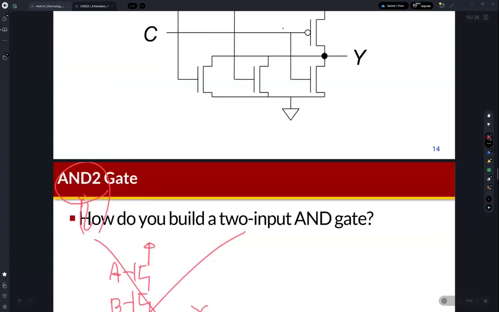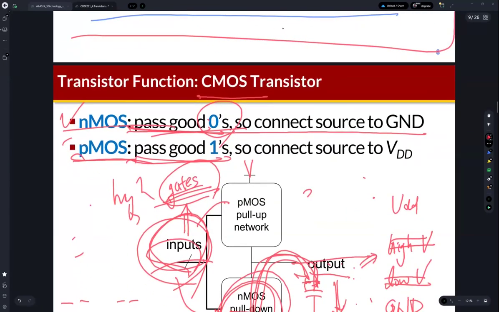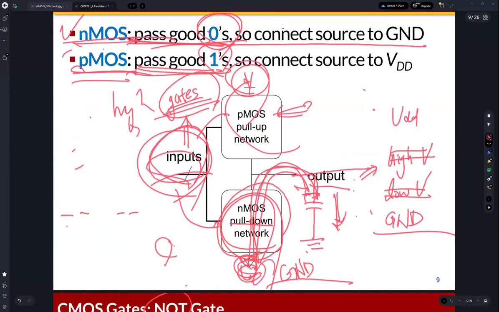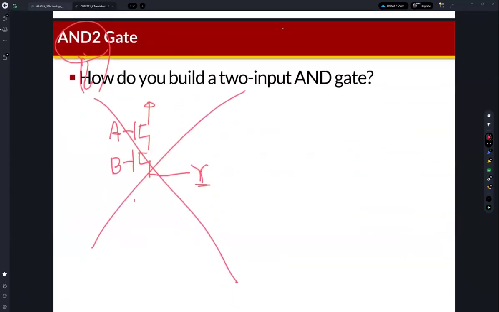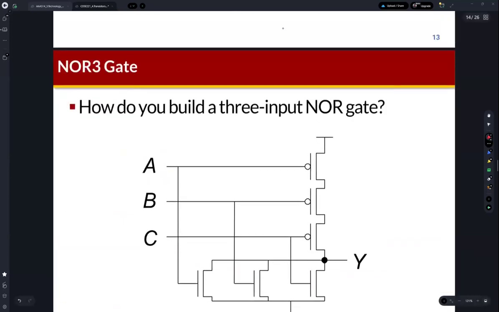As I mentioned, the NMOS transistor passes 0, and the PMOS transistor passes 1. That's why the PMOS transistor is connected to the VDD, the high voltage, and the NMOS transistor is connected to the ground. But what is wrong with this circuit? I used an NMOS transistor, but this NMOS transistor is connected to the VDD, right? So in a digital manner this can be possible, but in the real world, in the analog circuit, this is not possible.